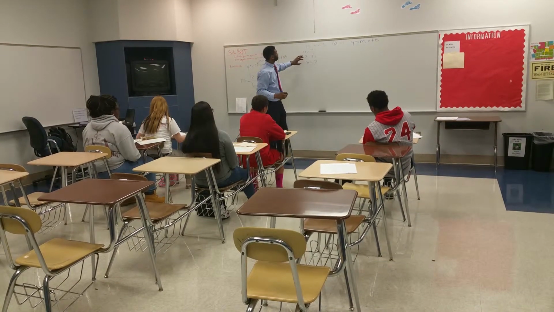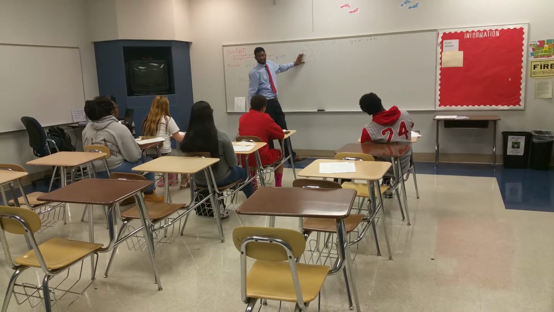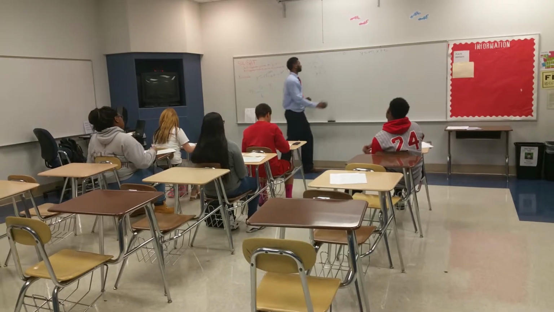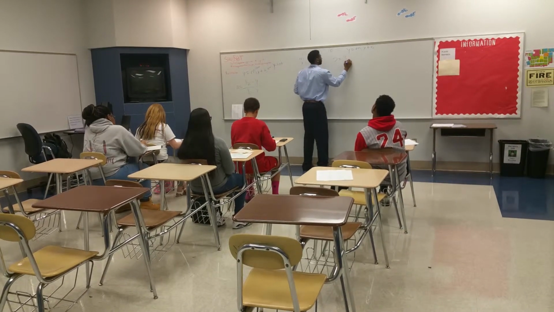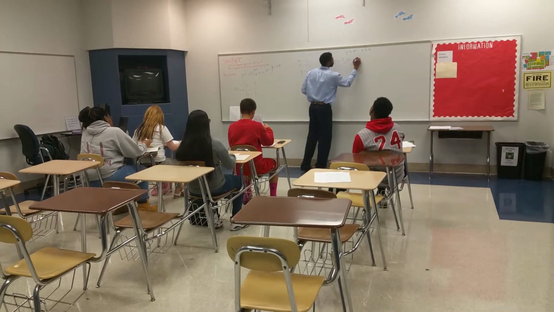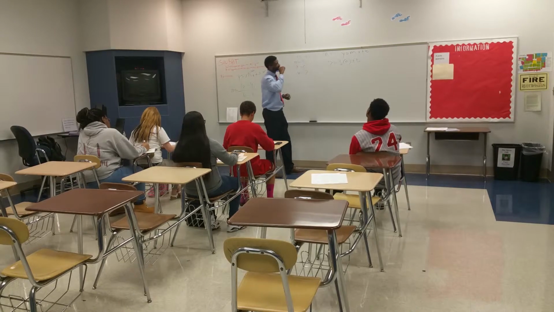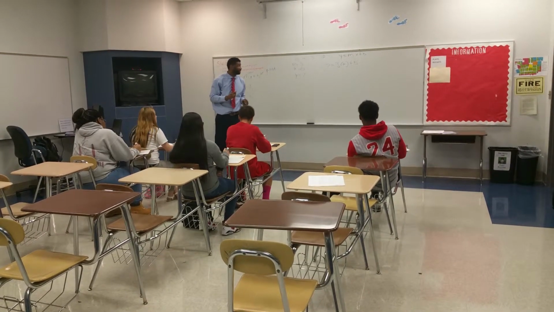So remind me what we do with these three: the slope, the x and y? Plug it in. So I have 7 equals 3 times 0 plus b. Now, can you take your boards and solve for b?